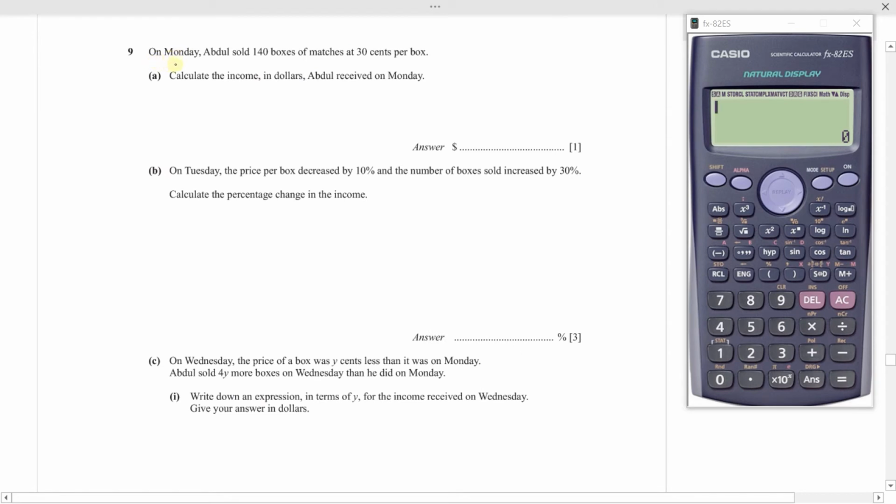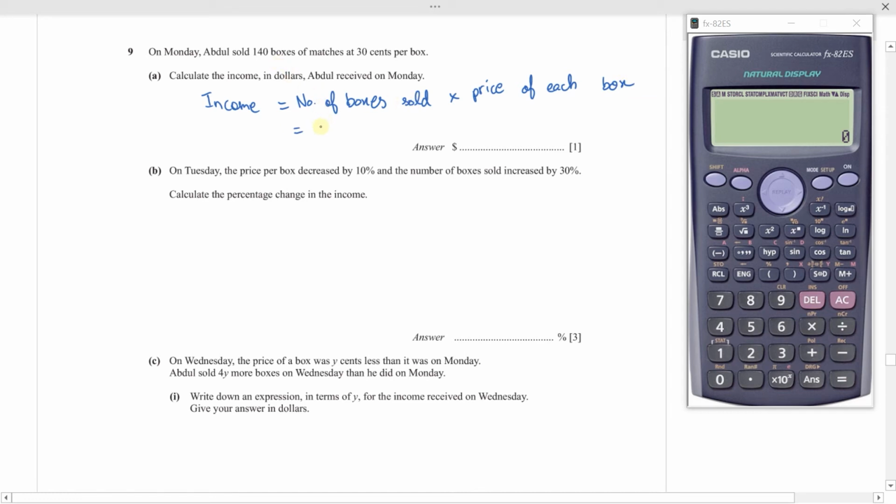Question number 9 is, on Monday, Abdul sold 140 boxes of matches at 30 cents per box. Calculate the income in dollars Abdul received on Monday. So your income will be the number of boxes sold multiplied by the price of each box.